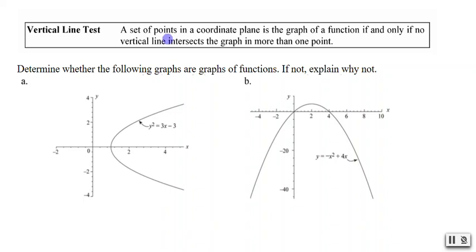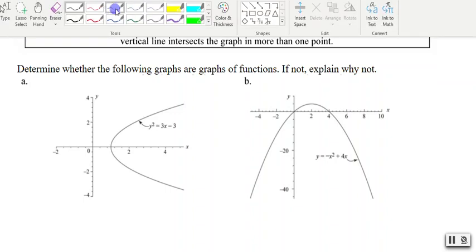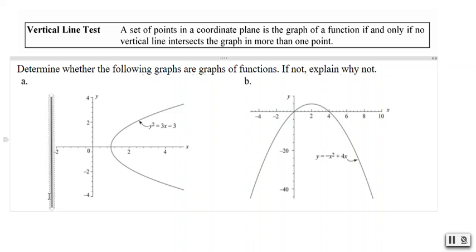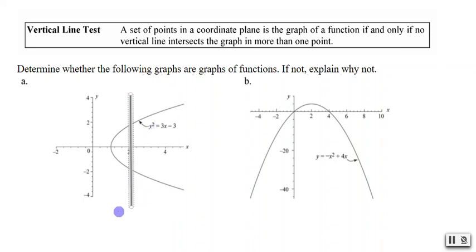Well, the vertical line test says that we have a set of points in the coordinate plane, and here we have them graphed, and we're going to take a vertical line and draw it through, so you can picture just rolling your pencil through here. And if it ever intersects a graph in more than one point at a time, then it's not a function. Okay? So you can see here, this is not a function. It doesn't pass the vertical line test.